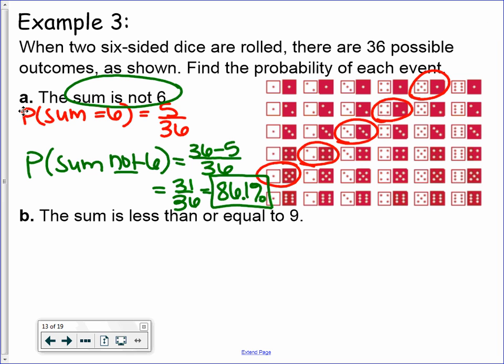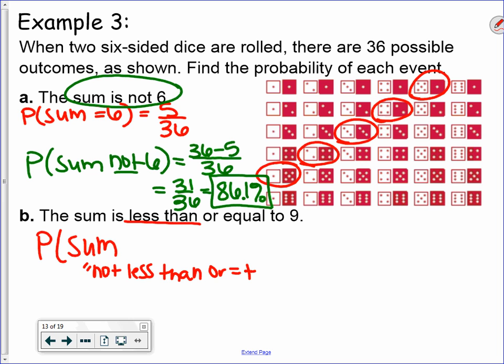Okay, so for this next one, it says the sum is less than or equal to 9. So it is easier to find the probability that the sum is not less than or equal to 9, which would mean basically anything that is bigger than 9.